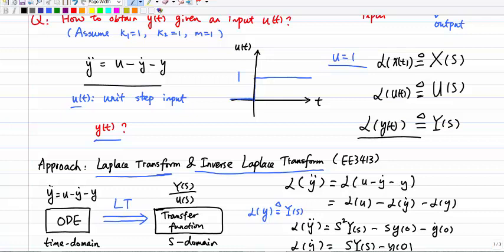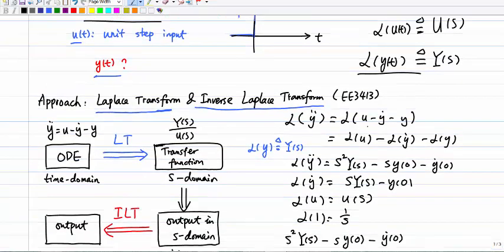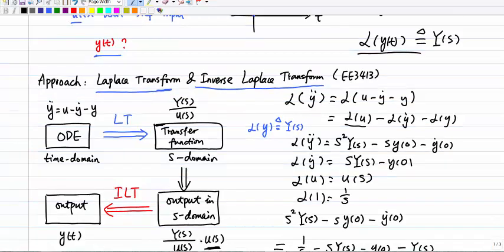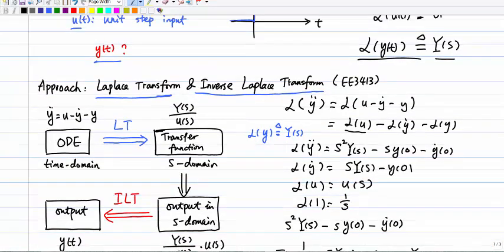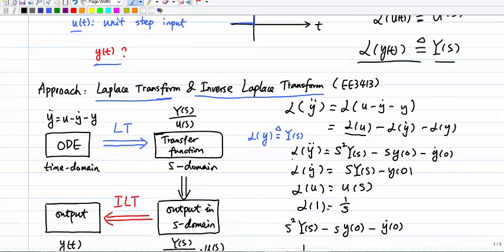The Laplace transform has a linear property, so you can separate those: it's L of u, minus L of y dot, minus L of y. If I define this L of y as Y of s, you can define it that way. The left hand side is L of y double dot.